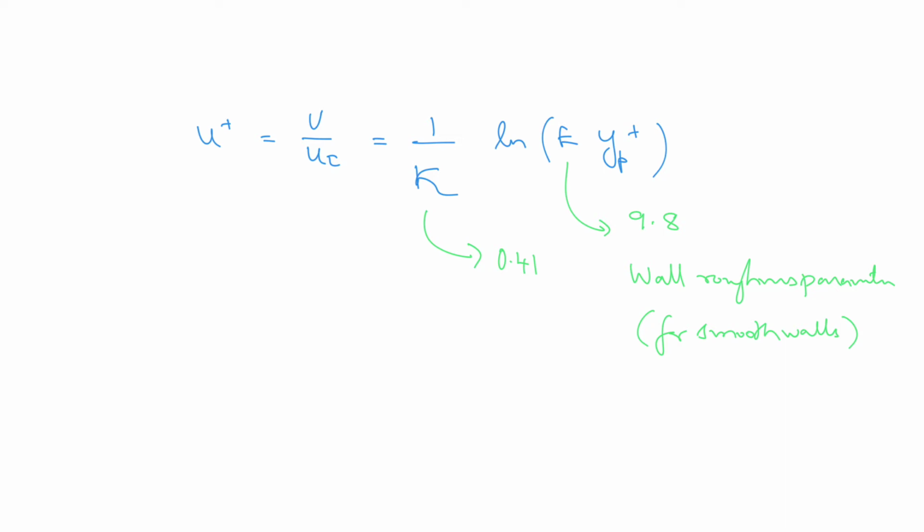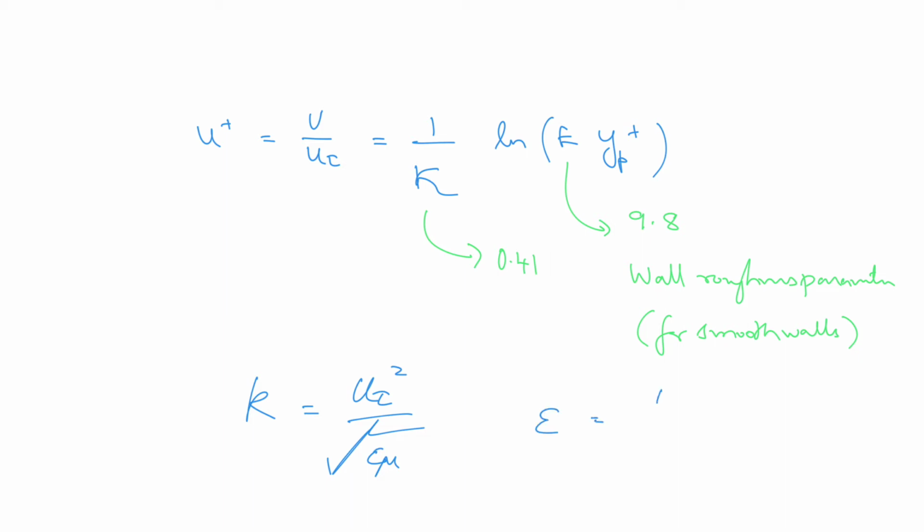When you use this wall function in software or a code, usually the commercial softwares ask for the roughness parameter, where we have to give that value. So this is the basis for that. Then the turbulent kinetic energy k is given by u tau square by root of c mu.